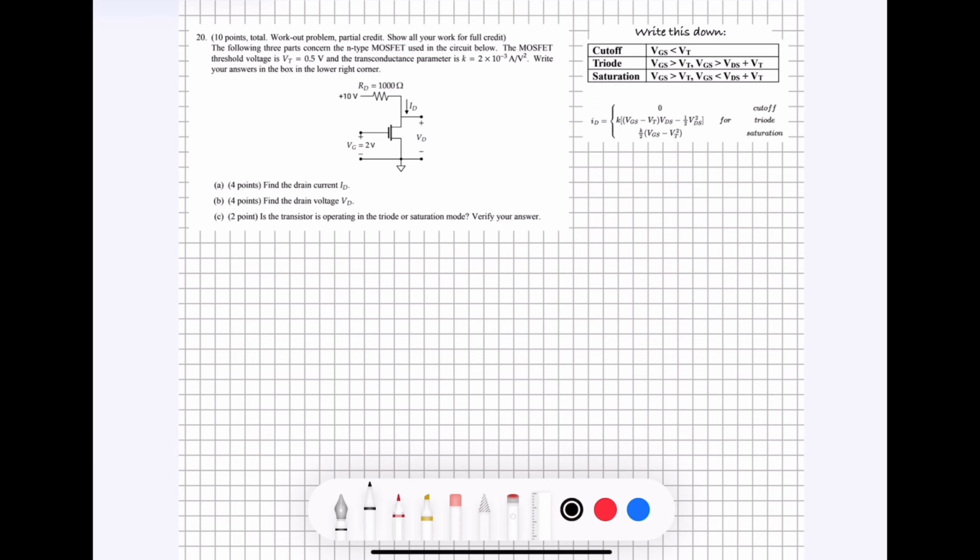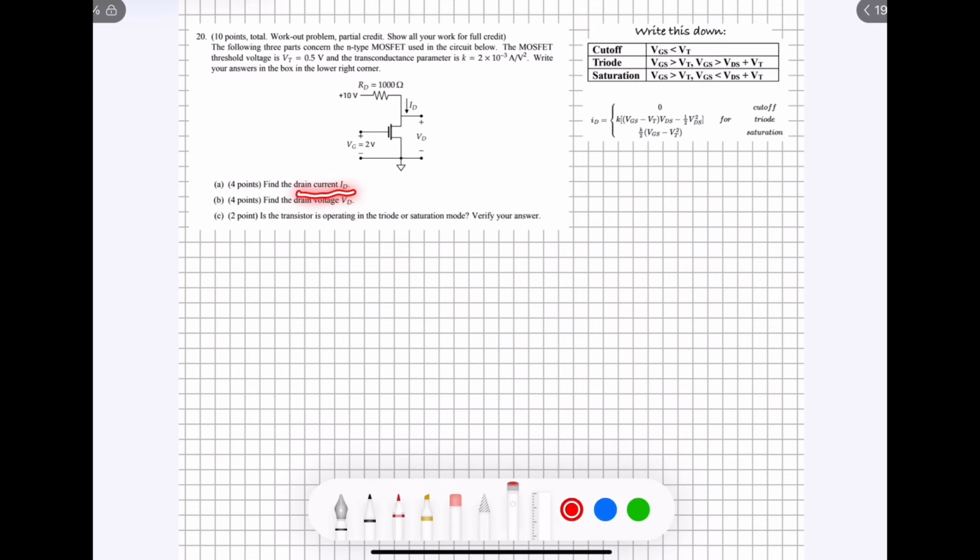Okay, what we need to find is the drain current, ID, the drain voltage, VD, and we need to determine whether the transistor is operating in the triode or the saturation mode. So very first thing, we have a series of steps we want to go through whenever we're solving a transistor problem.